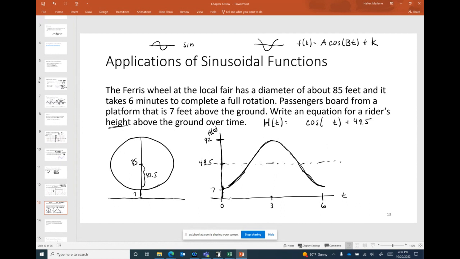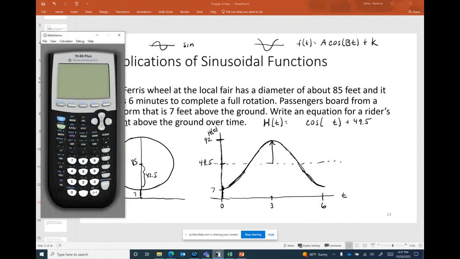The amplitude's not bad. It's just this distance here. So 92 minus 49.5, let me get my calculator. 92 minus 49.5 is 42.5. Oh, well, of course it is. It's the radius.